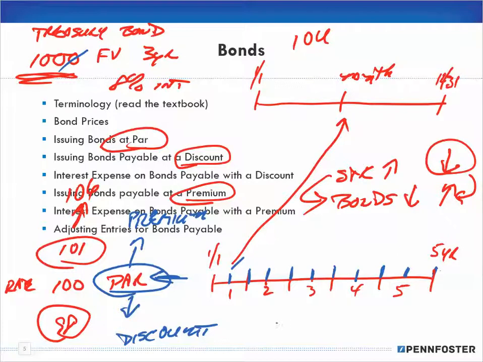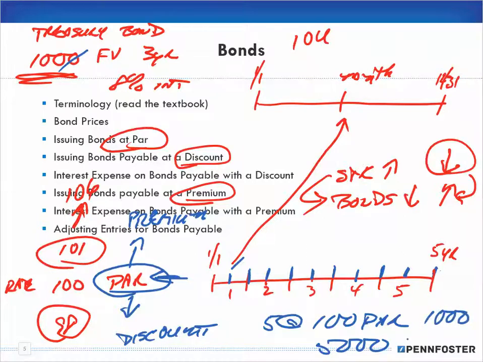So if you see 5 bonds at $100 par, you know that the face value of those 5 bonds is $5,000, because $100 in par represents $1,000. You're buying 5 of them, so 5 times 1,000 gives you 5,000.